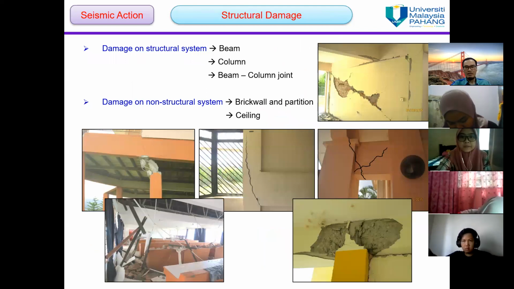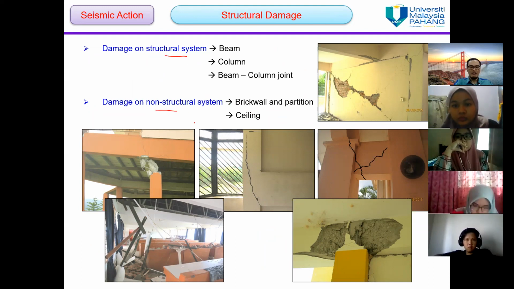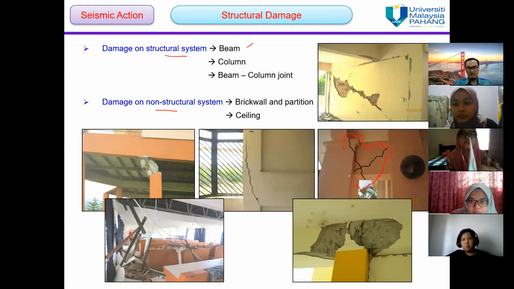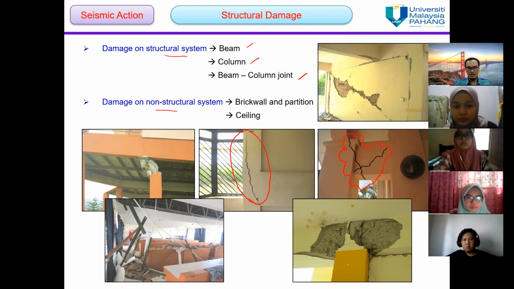So next, we will talk about structural damage. It is divided into two: damage on the structural system and on the non-structural systems. Damage on structural systems will occur on the beam. Like this one, you can see the crack occurred on the beam, and also on the column, as well as the beam and column joint.